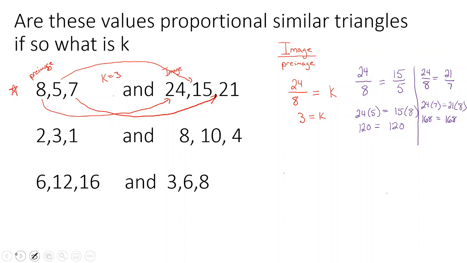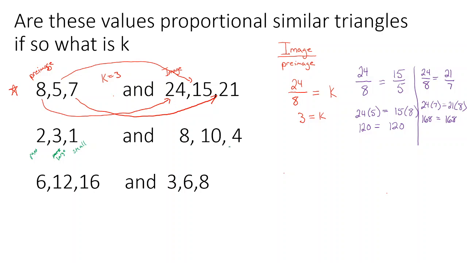So now we have two other questions that we're going to work on here. And the next one is, are 2, 3, and 1 proportional to 8, 10, and 4? Well, the first thing as I'm looking at this, I want to see that this is the smallest, largest, and medium. Do those match up? Yep, medium, large, small, those match up.